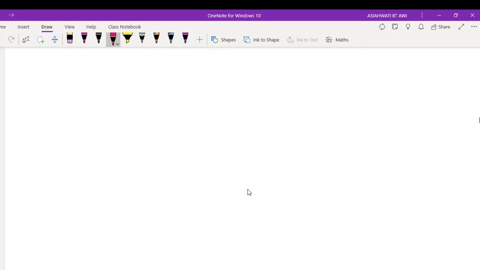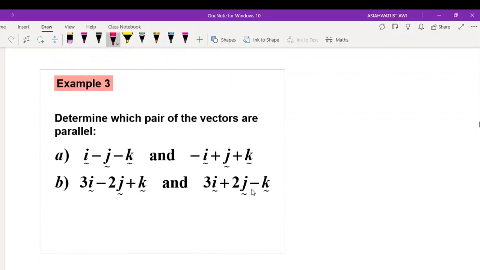Okay, for example 3, determine which pair of the vectors are parallel. Try it. Parallel means that the two vectors are parallel, say this is vector A and vector B, in the same direction or in different direction.